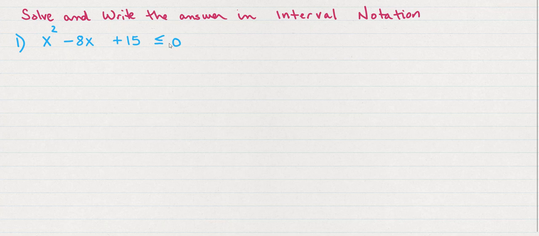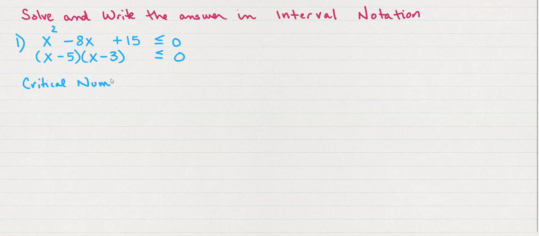The next step is we're going to factor this inequality. And I'm not going to spend a lot of time on reviewing the factoring. There are other videos if you do need to catch up with a review on factoring. But then once we have it factored, we have x minus 5 times x minus 3 is less than or equal to 0. The next step is to find the critical numbers.